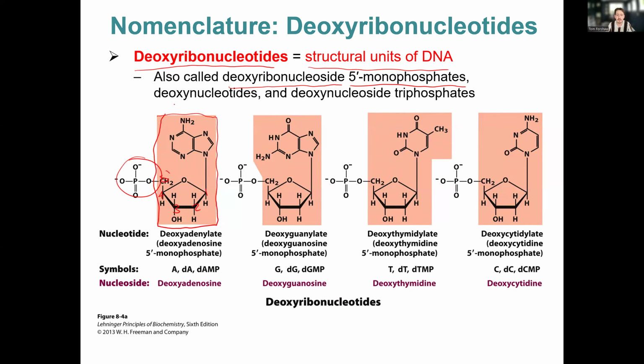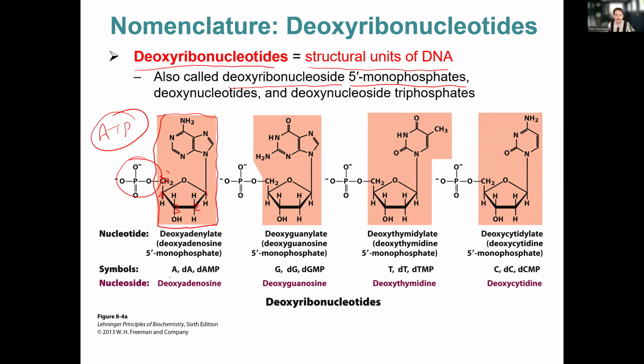So deoxyribonucleoside 5' monophosphate, the monophosphate being added there. Or it could be 5' triphosphate, for instance, ATP. So that would be the adenylate triphosphate.